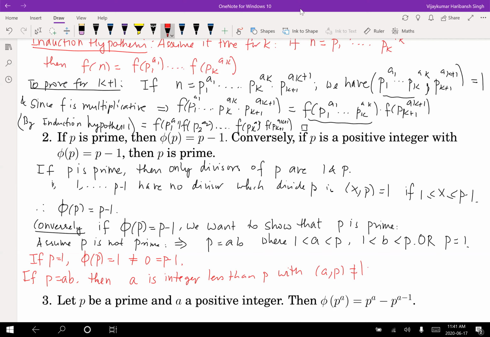So therefore phi of p will be less than p minus 1, which contradicts what is given, our assumption. Hence the result, right?